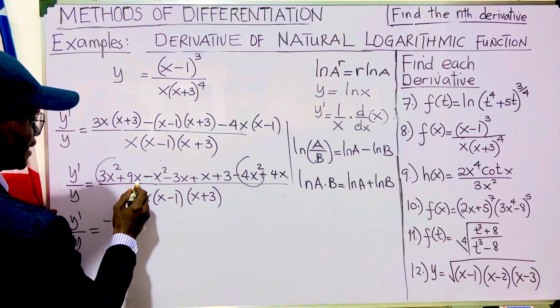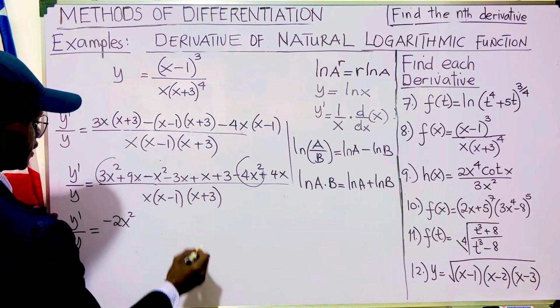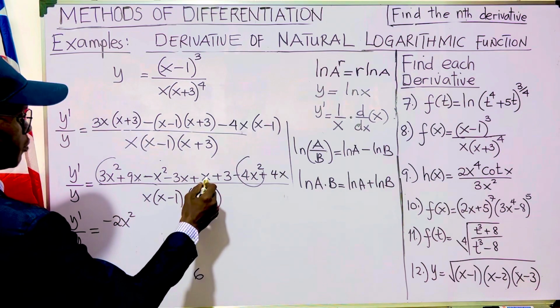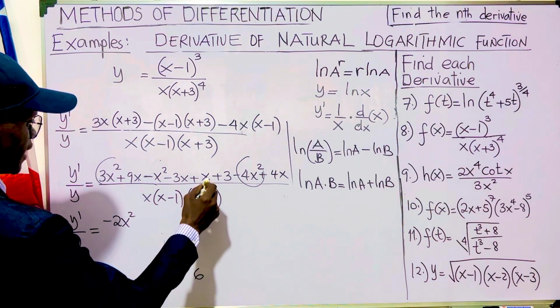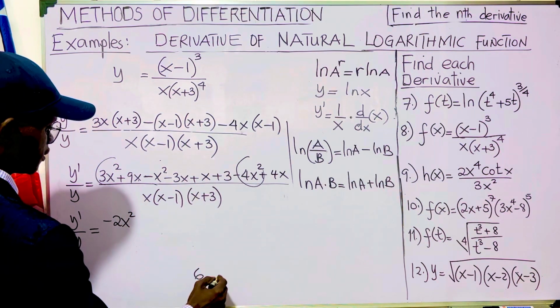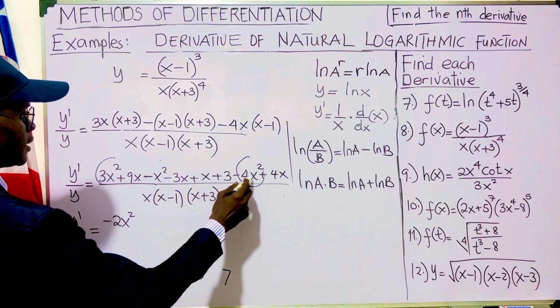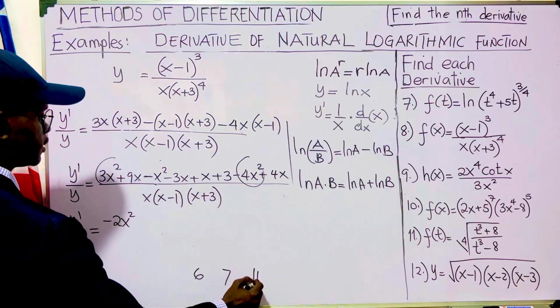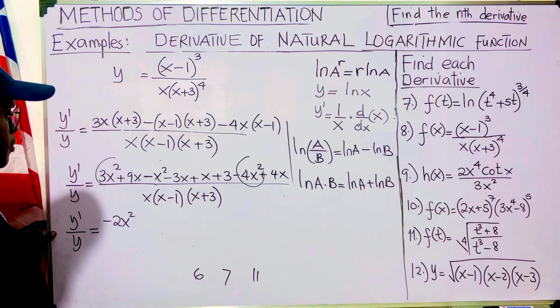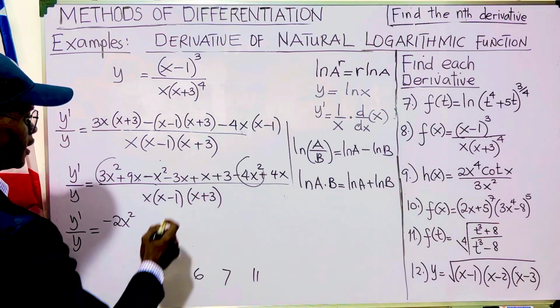The next one, x to the first power. So we have 9x minus 3x is 6 plus 1x is 7, and then 7 plus 4 is 11. So let's do that again.